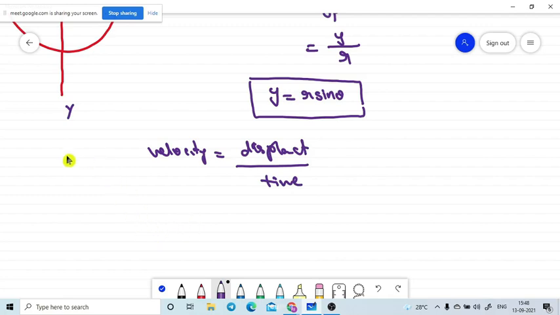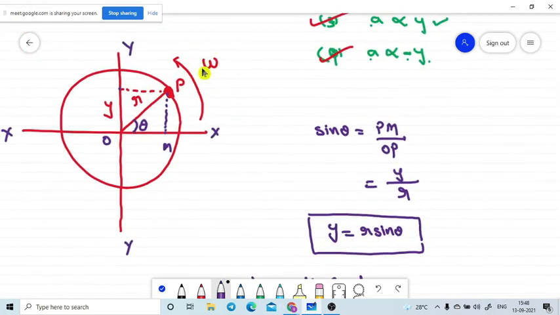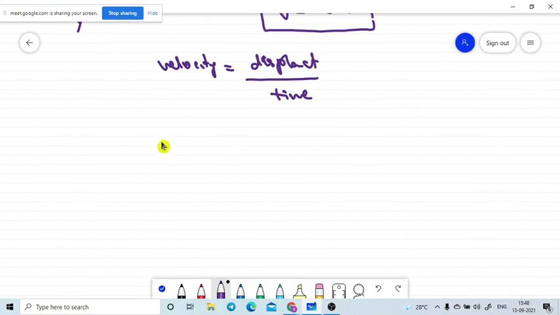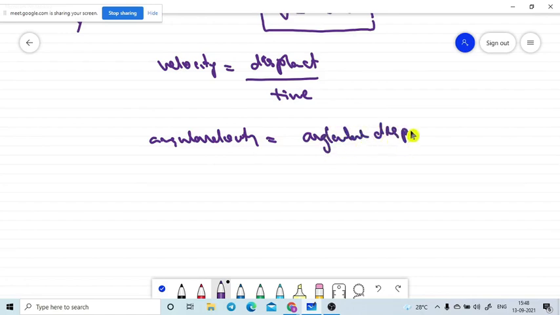In the particular case we took, the particle is moving with angular velocity omega in the anti-clockwise direction. How can we define angular velocity? The angular velocity of the particle is equal to angular displacement divided by time.